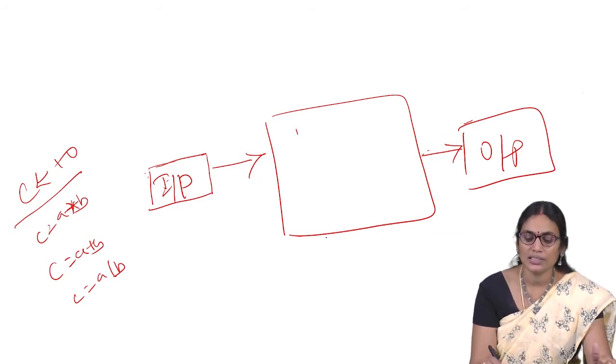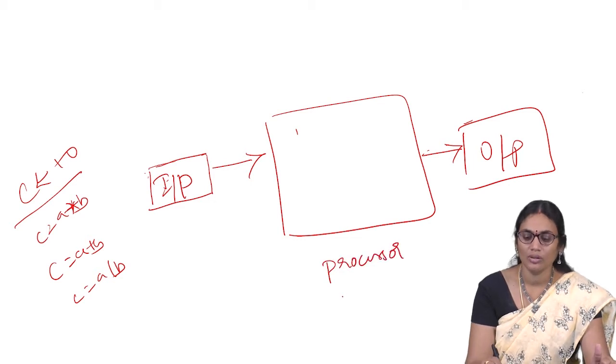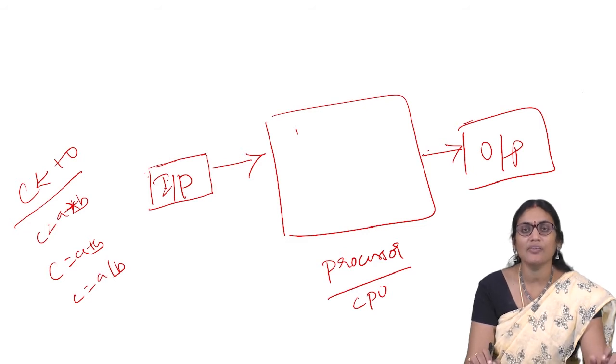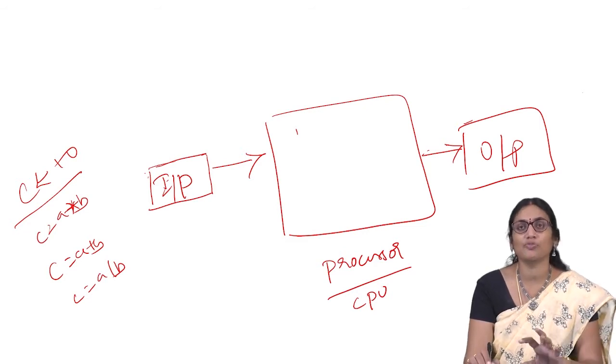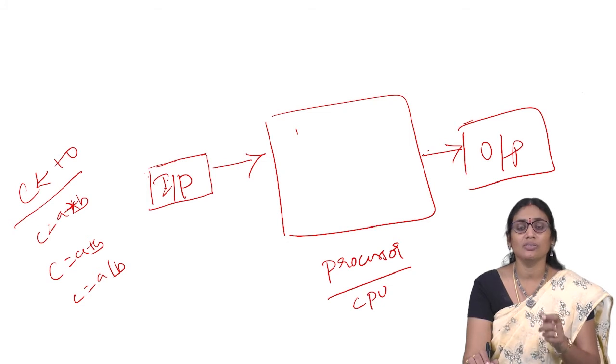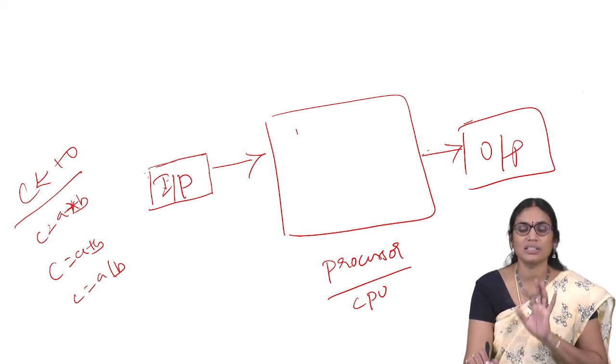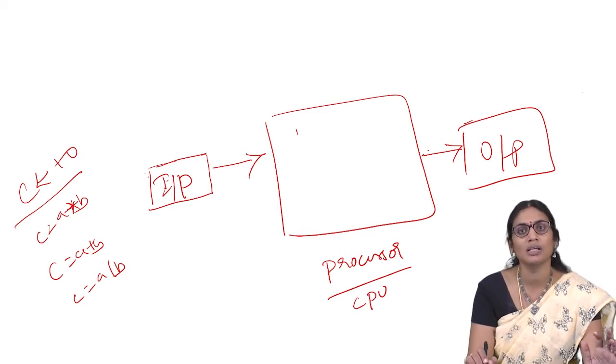Now, this is called the processor, or simply the CPU. Now, this will have internally three basic components to perform. What is the task given? What was the input given? How it has to process and how it has to present. So these are the things involved in the processor.